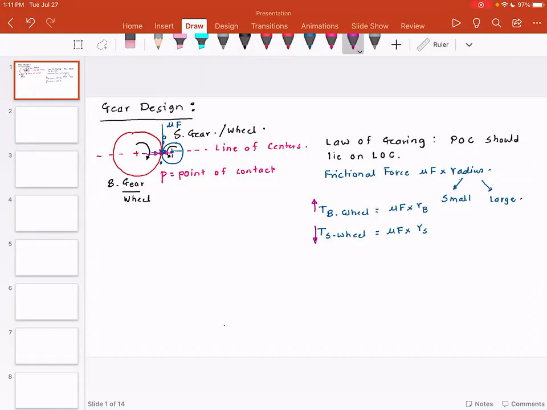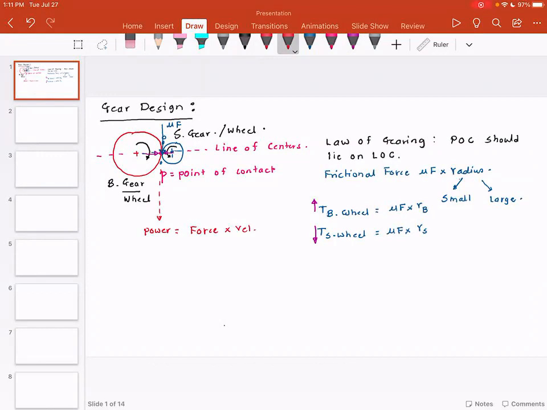Now, let's understand one thing real quick. If you think about the power, I'm going to express power in three relations. And I want you to understand this very carefully because this is the crux of gear transmission. Power is equal to force times velocity.